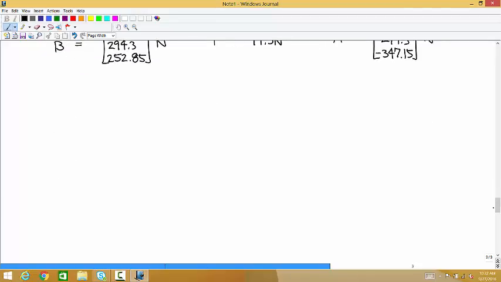The next thing we're going into now is, so that's how to do the problems once you have the free body diagram. But in order to get the free body diagram, you need to be able to translate the joints into loads. So the next thing we have to talk about is 3D joints.